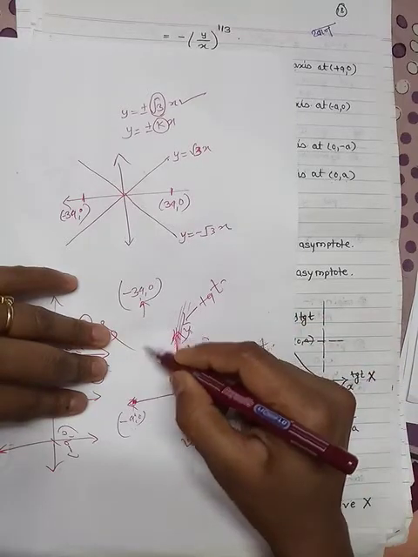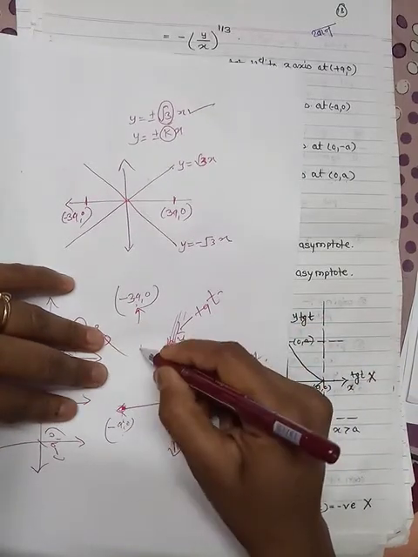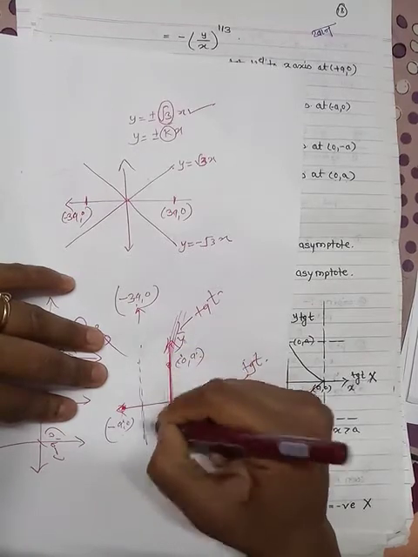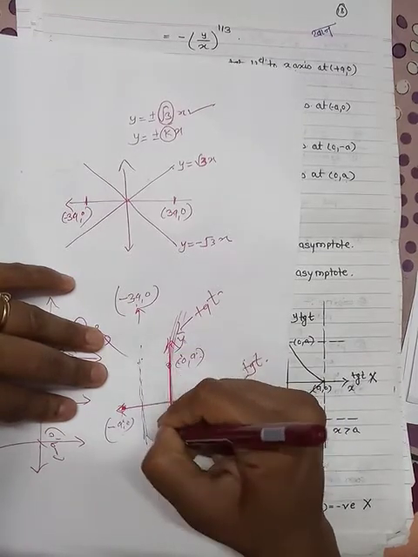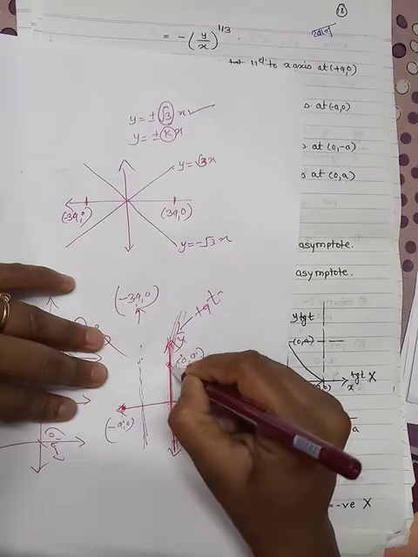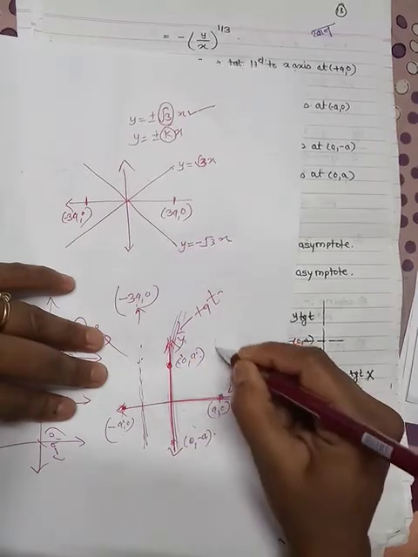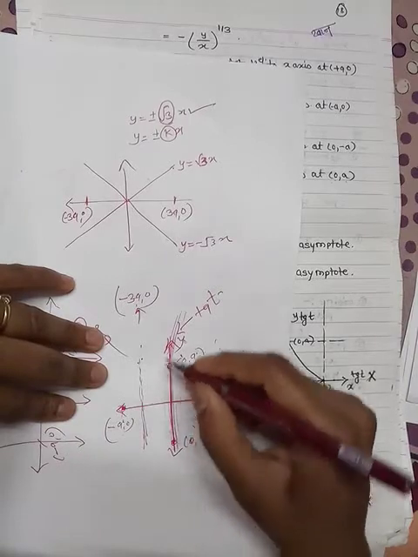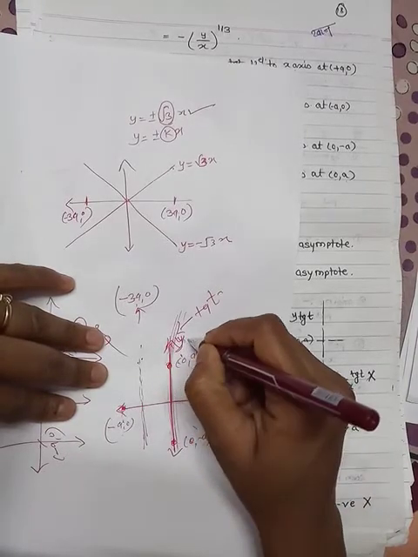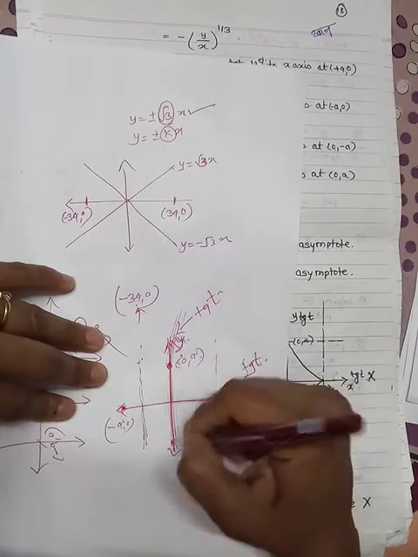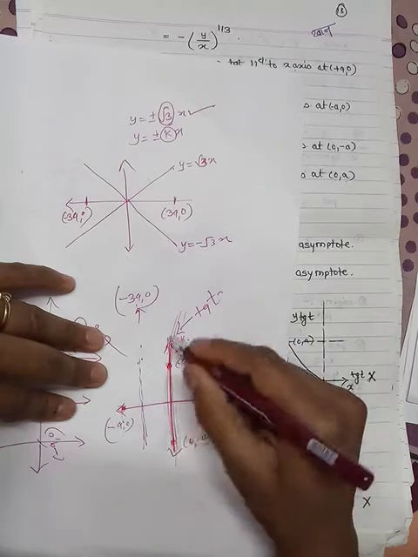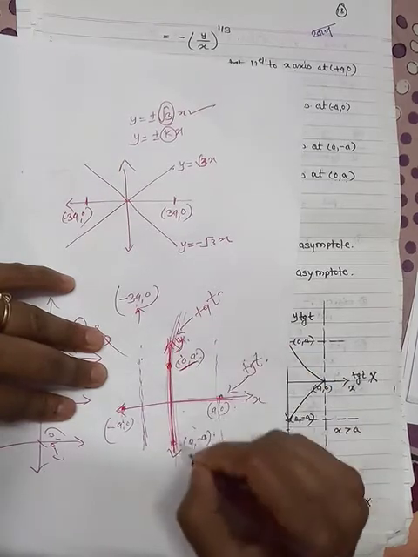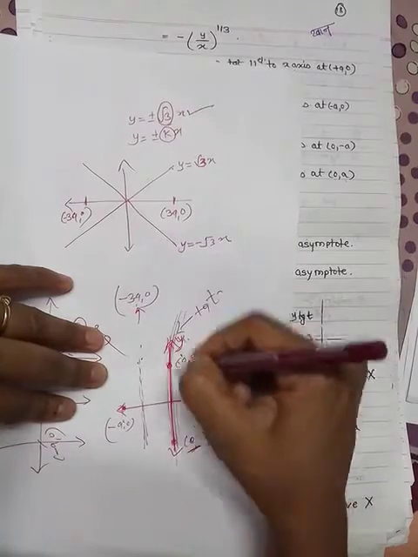If you draw another tangent parallel to the y-axis, it doesn't pass through these 2 points. So which tangent is this? The y-axis itself is your tangent, passing through (0, a) and (0, minus a).